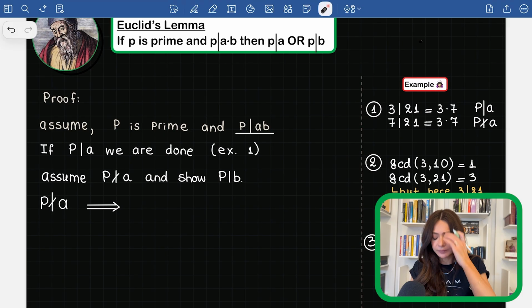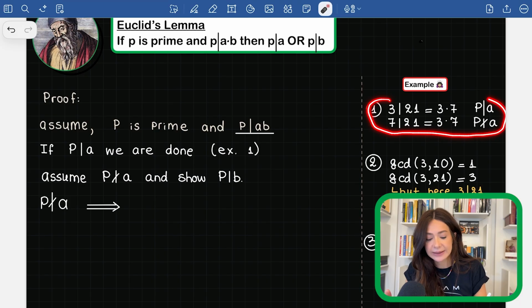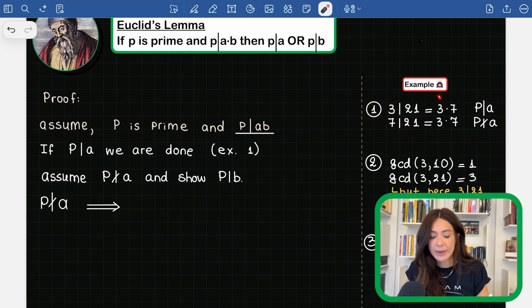Okay? So we will assume p is prime and p divides ab, and then if p divides a, we're done, because if one of them is satisfied, we're done. So we will look at the situation where p doesn't divide a, and hope to show that p does divide b. So let's say that my a is 3 and my b is 7. So this case would be p divides a, done.